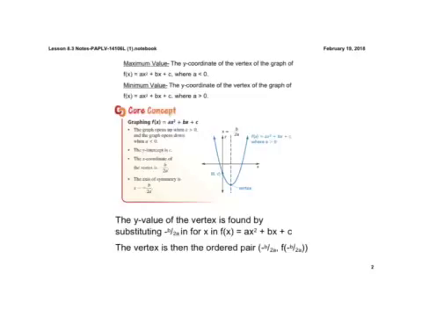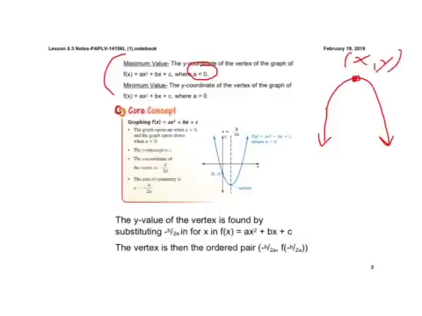One of the first things up here talks about maximum values and minimum values. A maximum value for a quadratic function will occur when the parabola opens down. And for the parabola to open down, remember the a has to be less than 0. So this point that sits up here is the maximum point, and the y value of the ordered pair (x, y) is your maximum value.